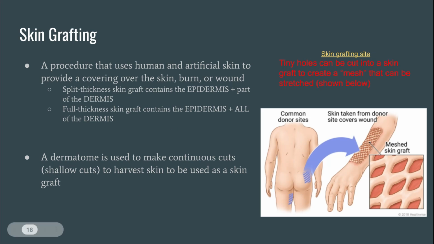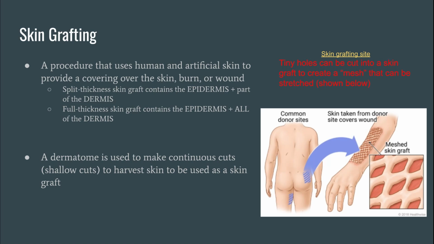In order for the new graft to survive, new blood vessels must grow from the tissue below. Since the graft, once it's transplanted from one site to another, does not have blood vessels, it must grow its own in order to get the nutrients.